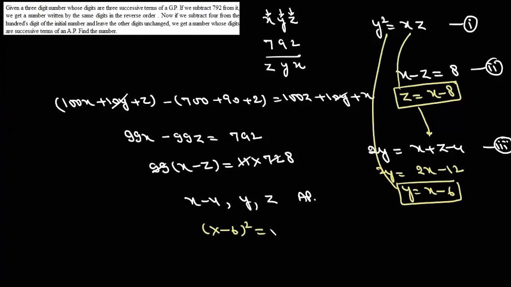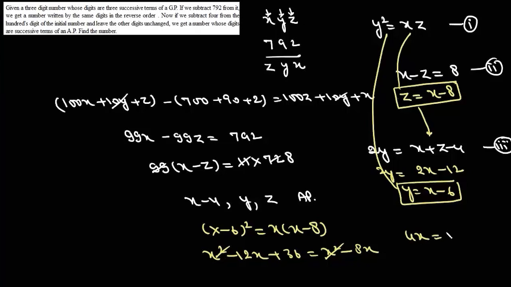So we'll get x minus 6 whole square equals x into x minus 8, which is x square minus 12x plus 36, and that will be equal to x square minus 8x. Now this x square will cancel, so we'll get 4x equals 36.